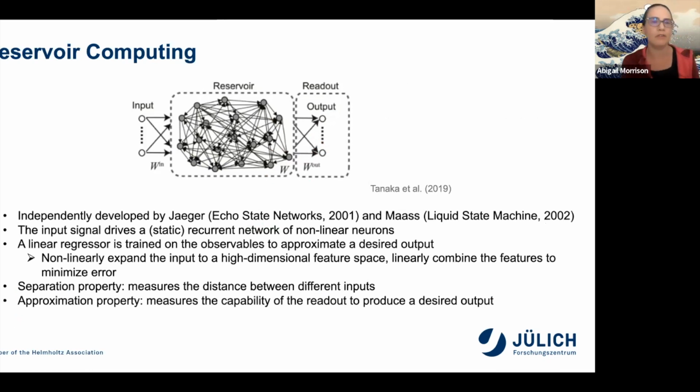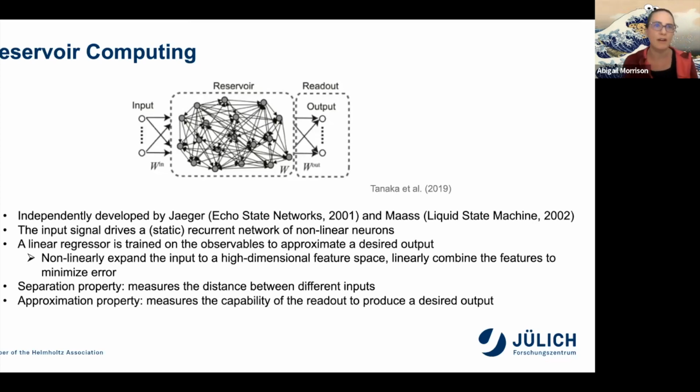So for those who are joining us who are maybe new PhD students and were not around when reservoir computing became popular, I will just recap a little bit. This paradigm was independently developed by Jaeger and Maass, who called it slightly different things, but it amounts to the same thing.